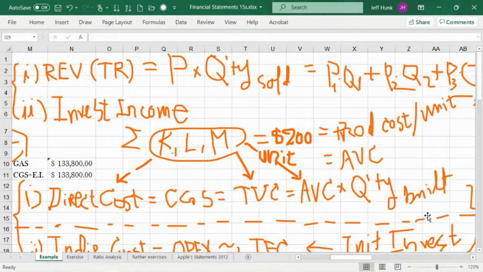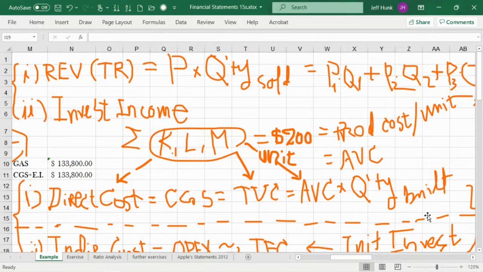Let's say you built 1,000 units. Is there a guarantee you can sell all 1,000 units? Sometimes you can, sometimes you don't. Let's say you sold only 900 units. Then obviously there's a difference between quantity sold and quantity produced, right?